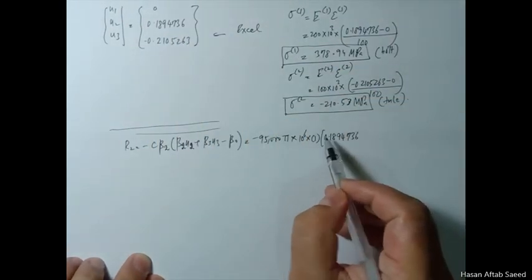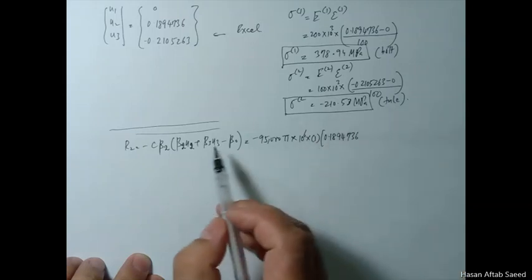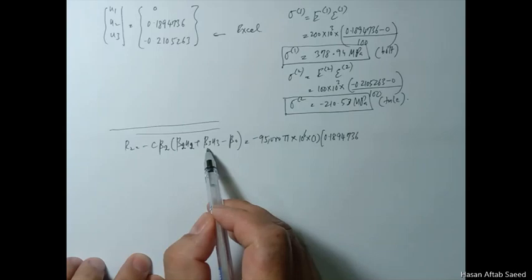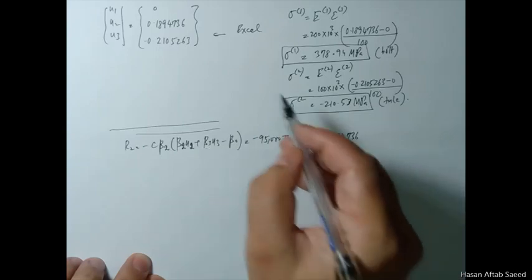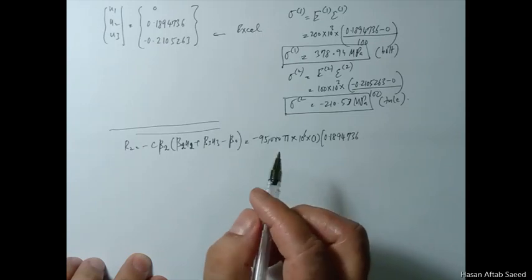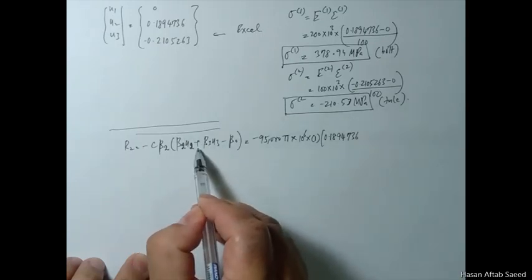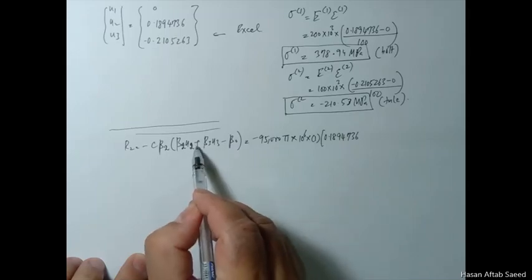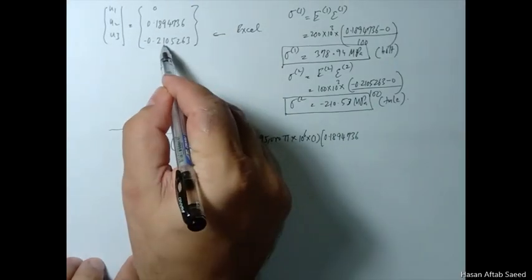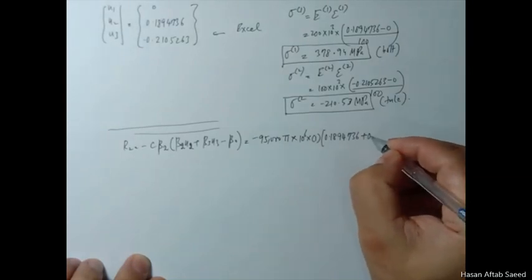I'm not writing 1 because it doesn't change anything. And as for beta 3, this is minus 1 and minus, you have this minus value for beta 3 and minus value for U3. So again it becomes plus. So I'm just writing it directly.